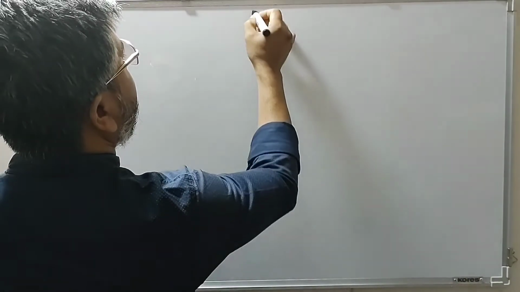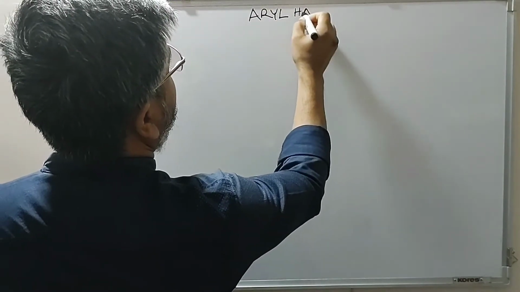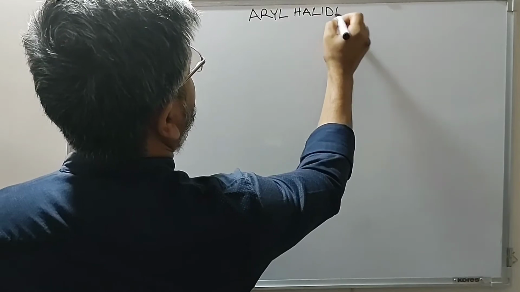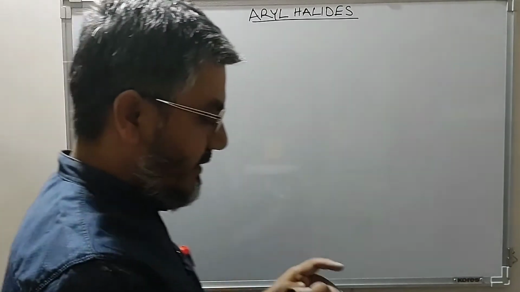So coming to the heading aryl halides, aryl halides are halogen substituted compounds in which the halogen is directly bonded to an aromatic ring like benzene.